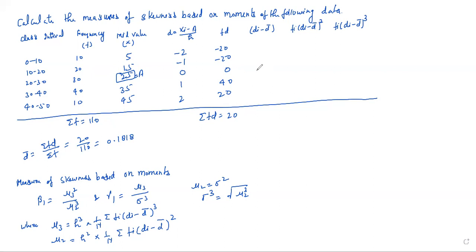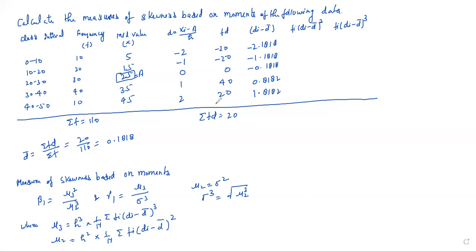So now take di minus d bar. This is minus 2.1818, minus 1.1818, minus 0.1818, and then 0.8182 and 1.8182.